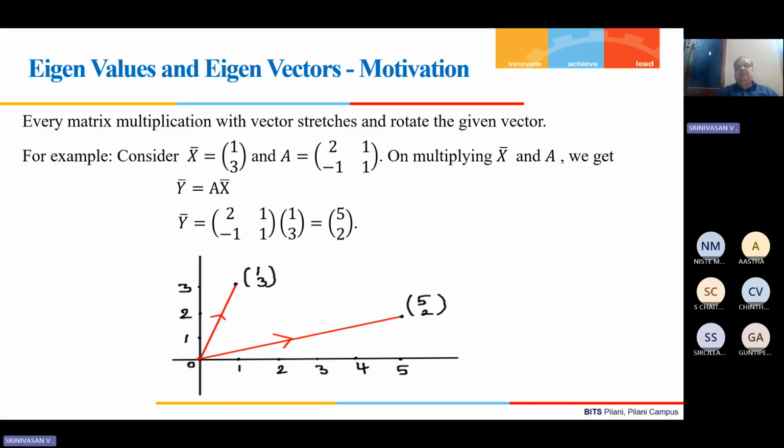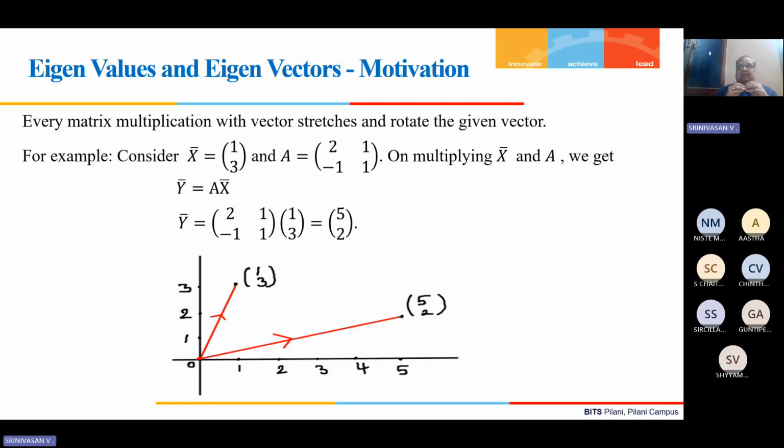What do we mean by that? Just look at this. Consider a vector x, 1, 3. Of course, here it is given with a bar also. Even if you don't put a bar, no matter. That's the reason why we used the boldface. So x is the column vector 1, 3, and A is the square matrix 2, 1, minus 1, 1.